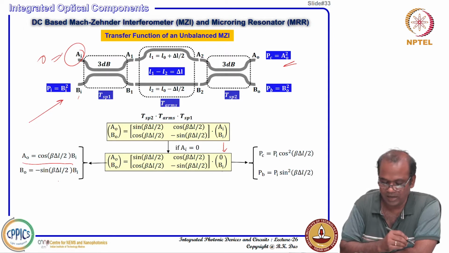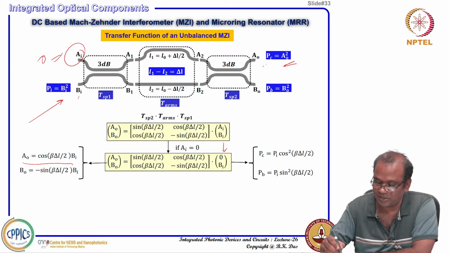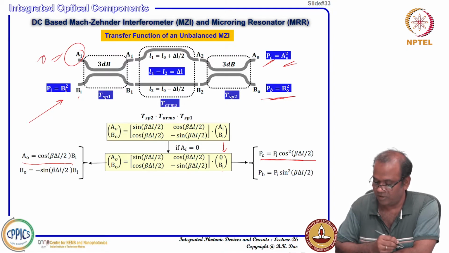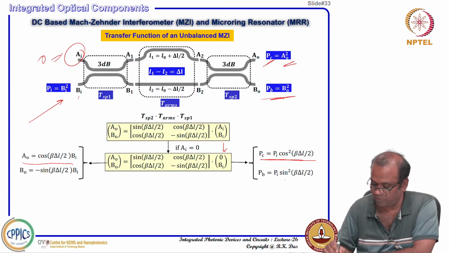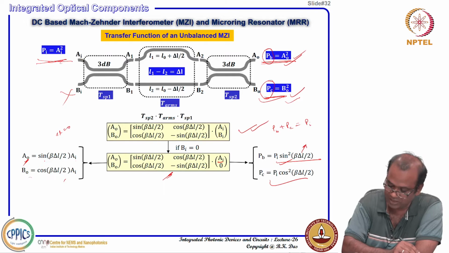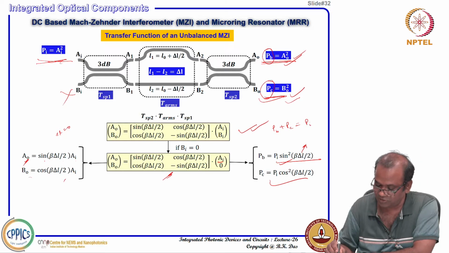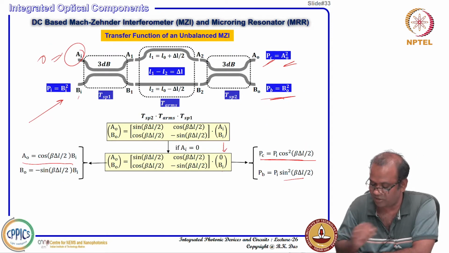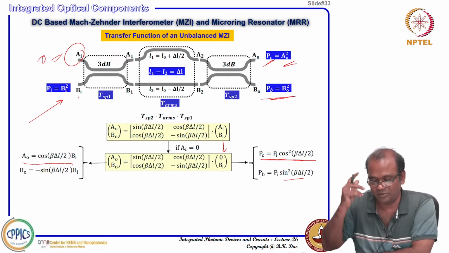So, now again with respect to this one I can consider this is the cross port and this is the bar port. So, in that case the cross port I am getting a cosine function and the bar port I am getting a sine function. In the previous case it was sine square for bar and cosine square for cross. Now, I am just writing cross first, cosine function, sine function.